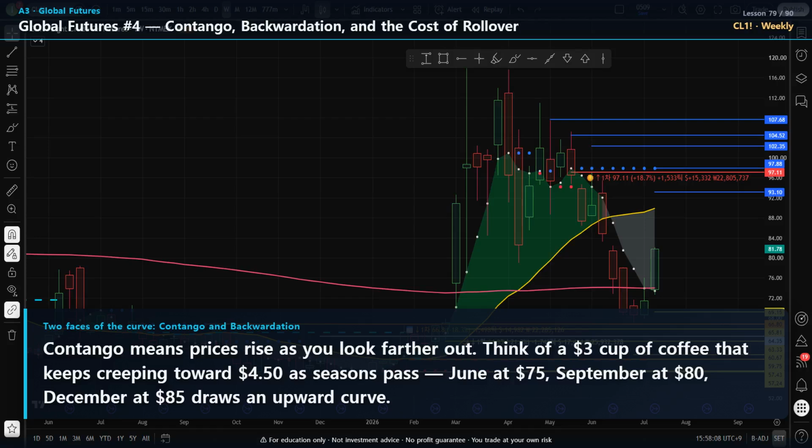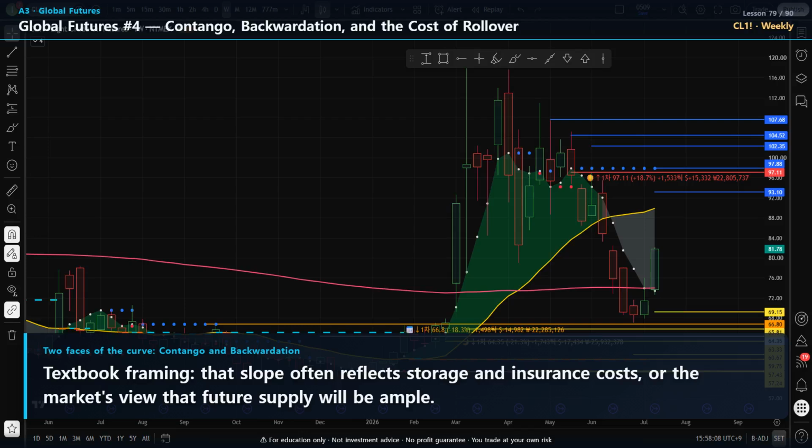Think of a $3 cup of coffee that keeps creeping toward $4.50 as seasons pass. June at 75, September at 80, December at 85 draws an upward curve. Textbook framing. That slope often reflects storage and insurance costs, or the market's view that future supply will be ample.